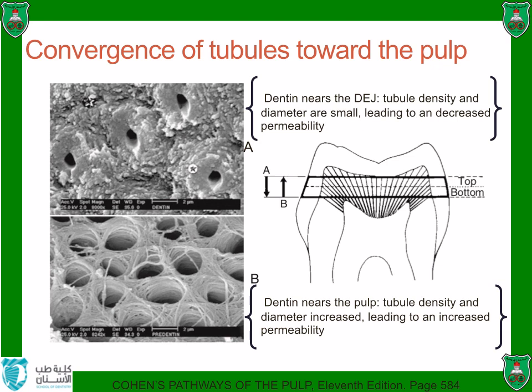The dentine is permeable because of the diameter and density of dentinal tubules. Now I want you to concentrate on this slide because we will use it again to explain the hydrodynamic theory that is well accepted today to explain the pain, or the pulpal pain, and sensitivity.